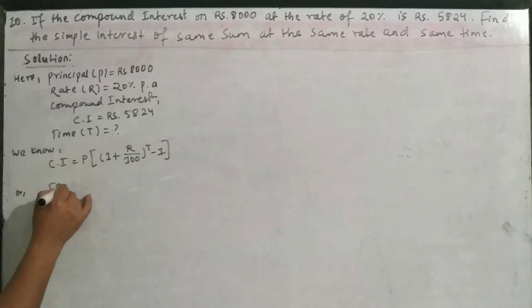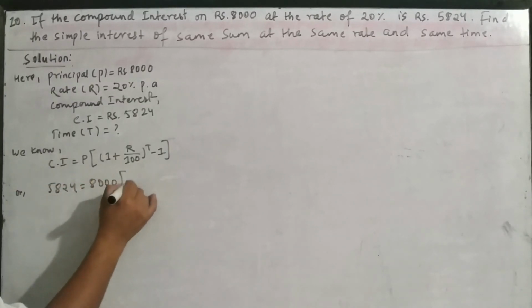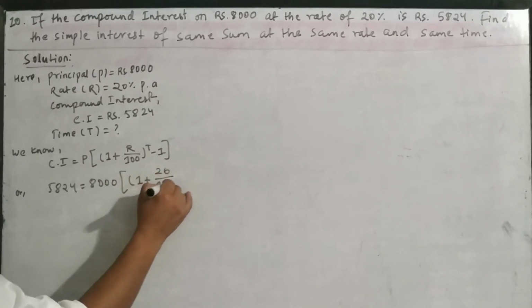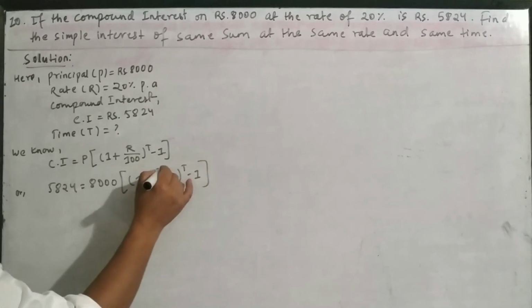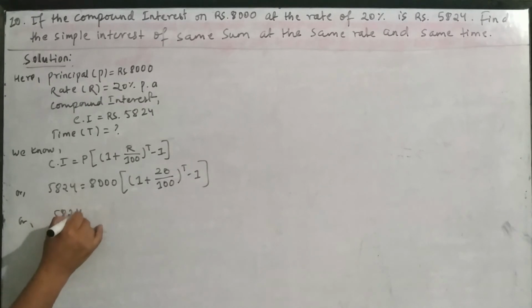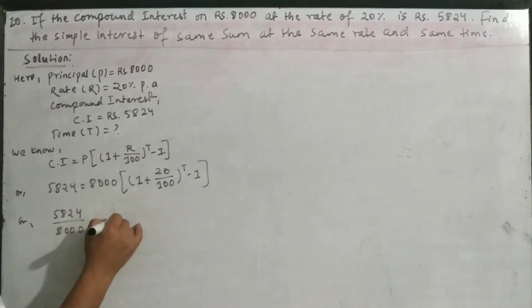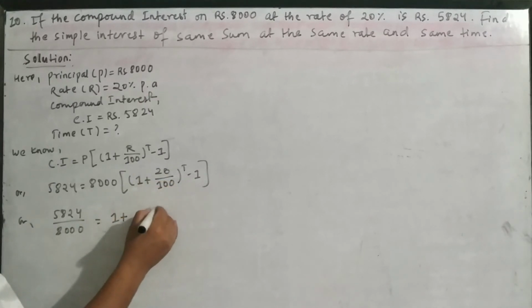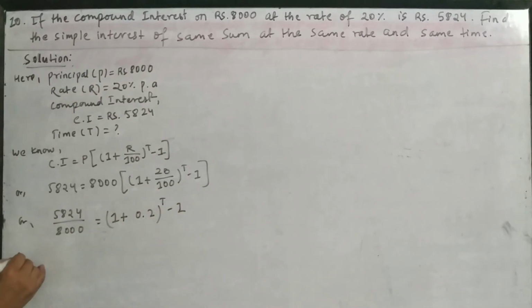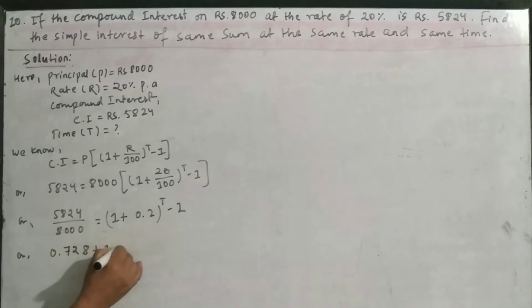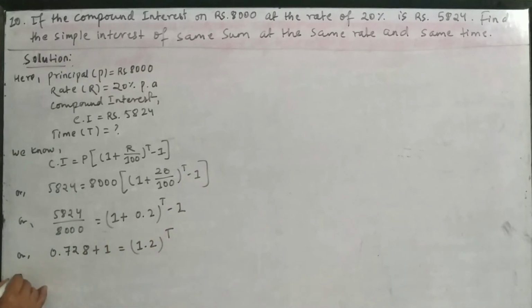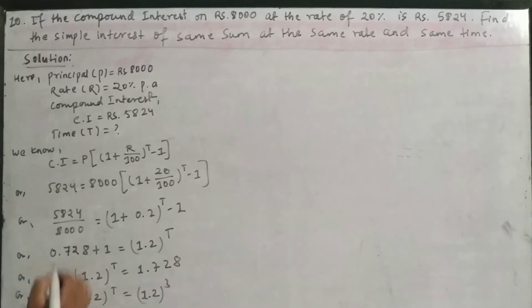Compound interest is 5,824, P is 8,000, 1 plus rate 20 divided by 100 whole power t minus 1, or 5824 divided by 8000 equals (1 + 20/100 = 0.2) whole power t minus 1, or 0.728 + 1 = 1.2 whole power t, or 1.2 whole power t equals 1.728, or 1.2 whole power t equals 1.2 whole cube.